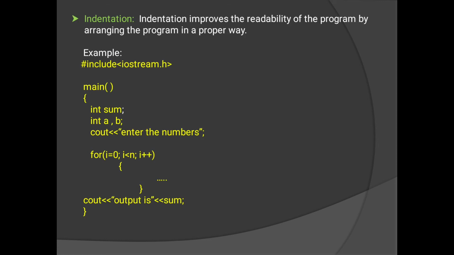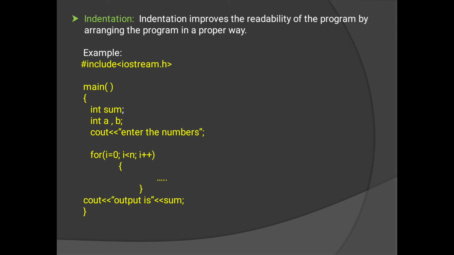Now, indentation. Indentation also improves the readability of the program by arranging the program in a proper way. In the example here, right after the header file there's a blank line, and then you have the main function body, indicated by the opening and closing curly braces.